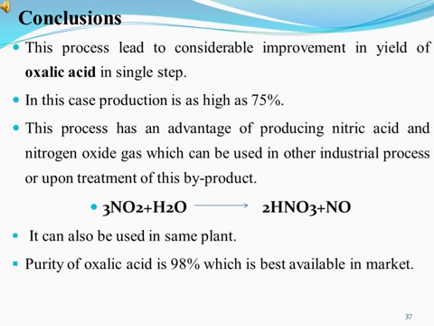You can see in the reaction, nitrogen dioxide reacts with water to synthesize hydrogen nitrate with nitrogen oxide or nitric oxide. It can also be used in the same plant. The purity of oxalic acid in this process is 98%, which is the best available in the market.